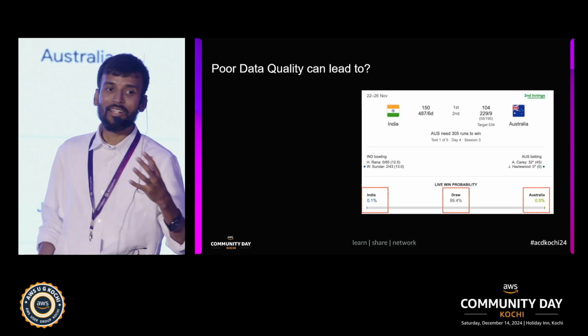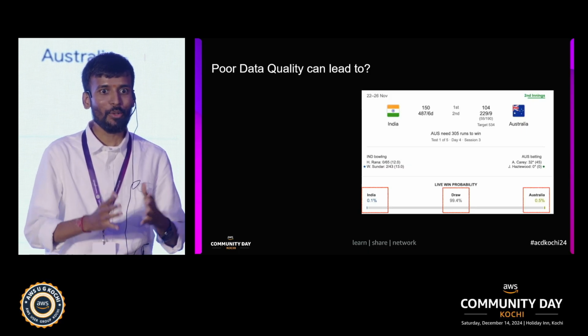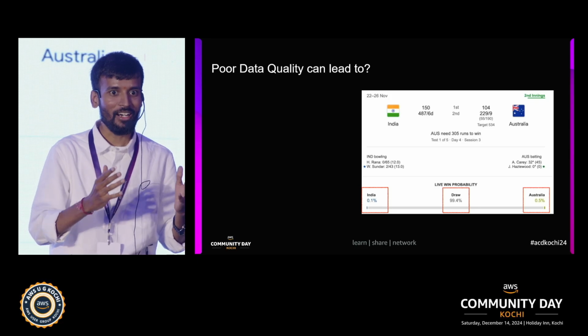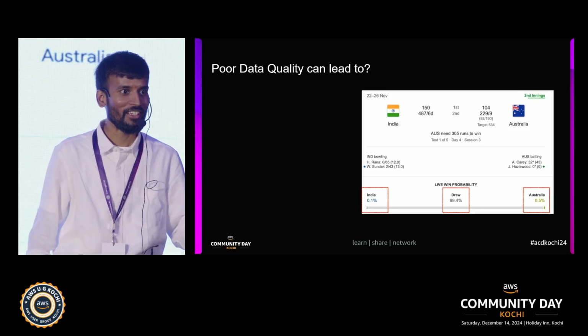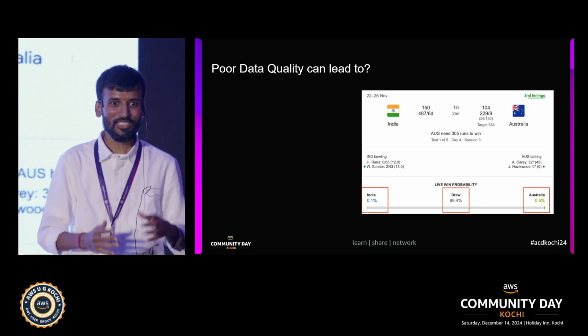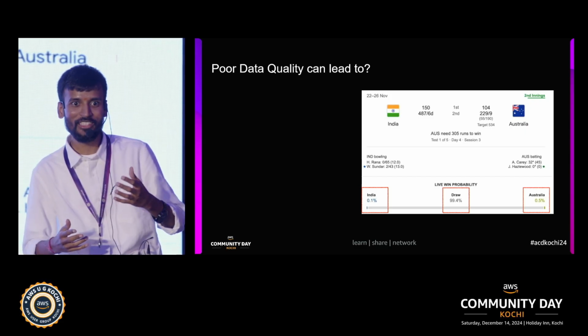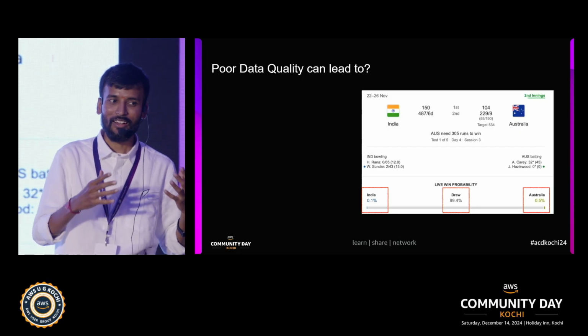So poor data quality can lead to... I believe everyone would have watched the first test match of India and Australia in the Border Gavaskar Trophy. If you notice, in the first innings India scored 150. It was a bit of a depressing situation for all of us, because we expected more.